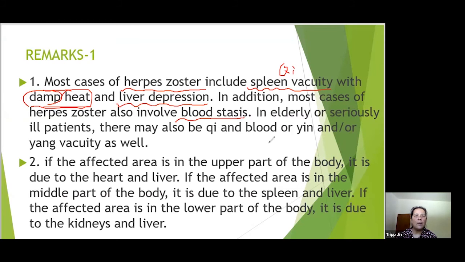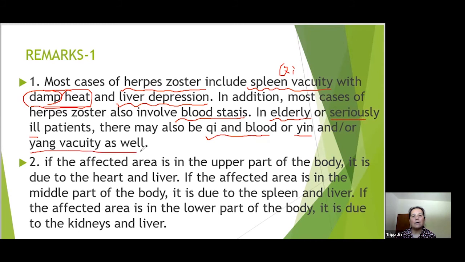especially if they happen in aging people, old people, or patients with severe disorders for a long term. These kinds of patients always have a qi blood difference or maybe a yin and yang difference.